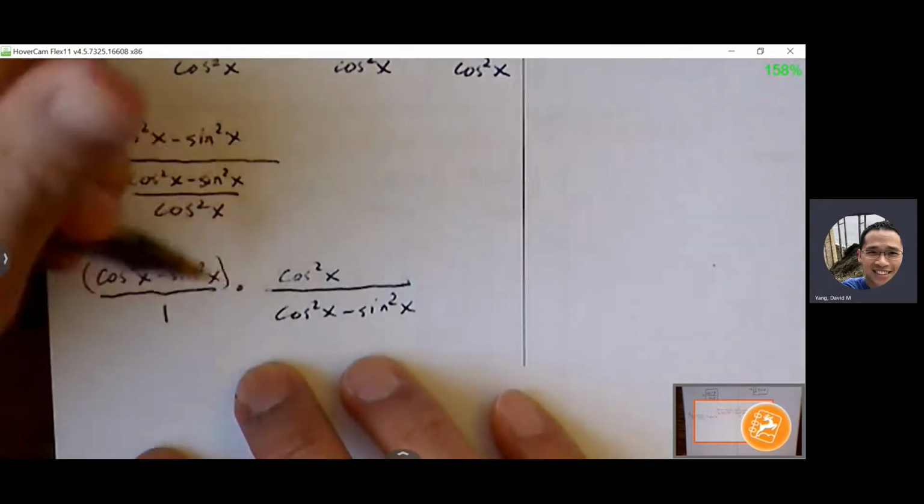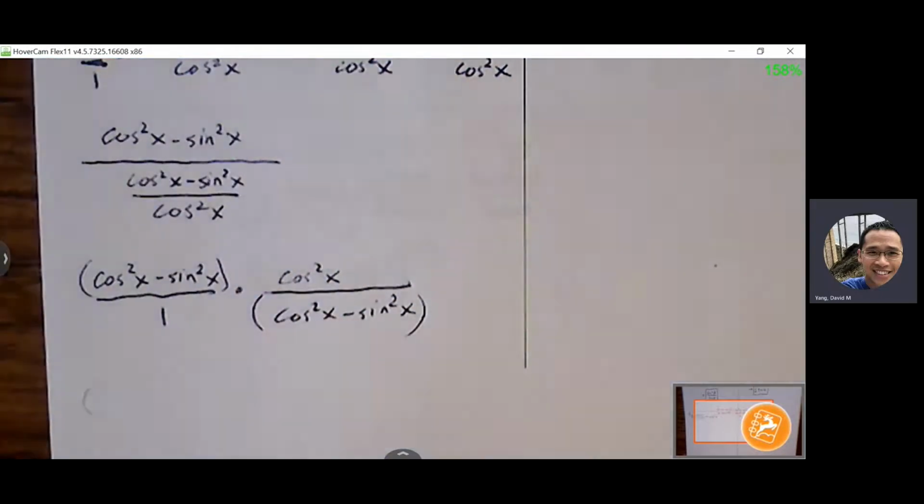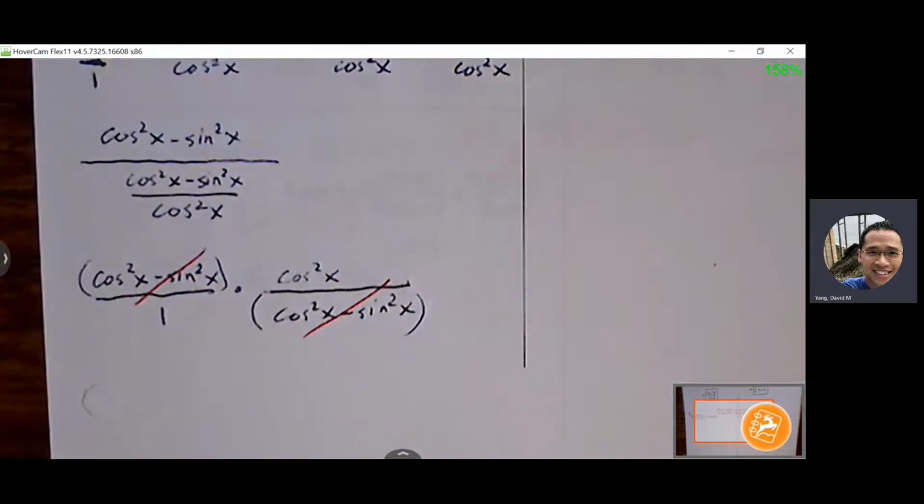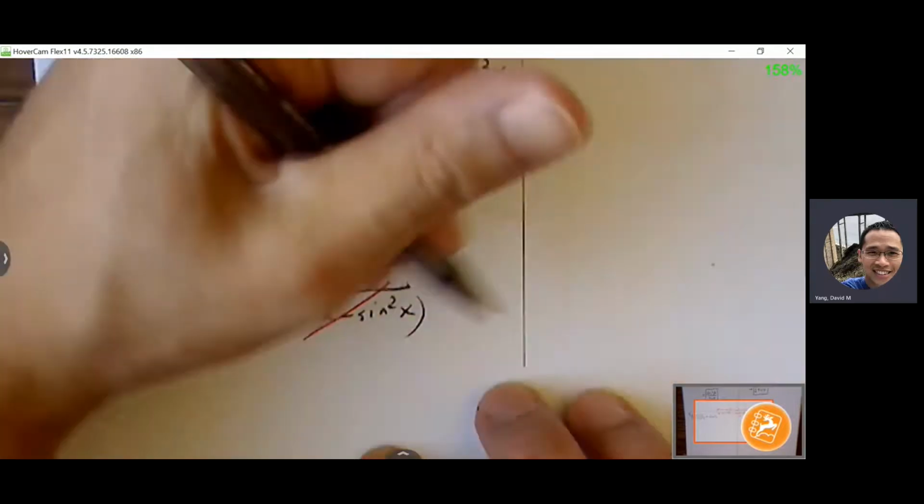See, the numerator and denominator portions match nicely. We can remove them. The only thing left is cosine squared over 1, which is cosine squared.